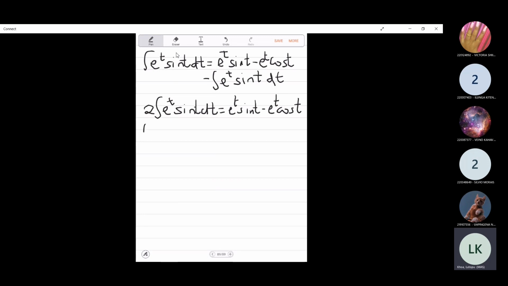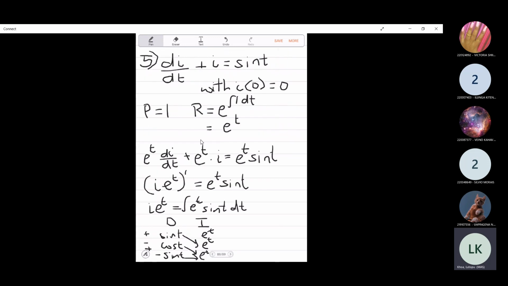We have the integral of e to the power of t sine t dt. This is a half e to the power of t sine t minus a half e to the power of t cos t, and then plus our constant of integration. So this is equal to I times e to the power of t.